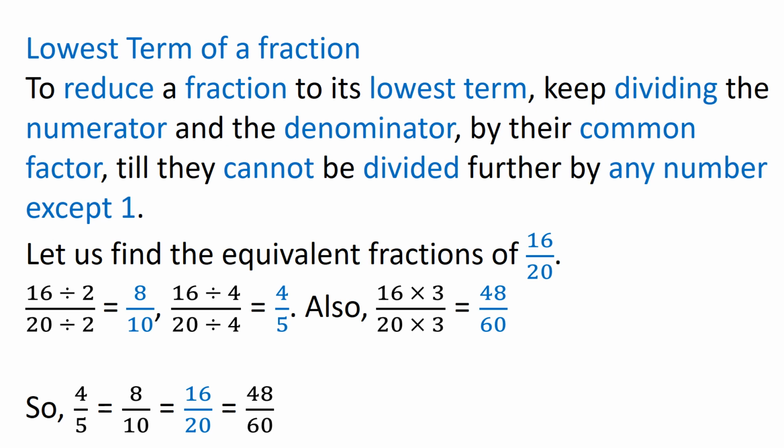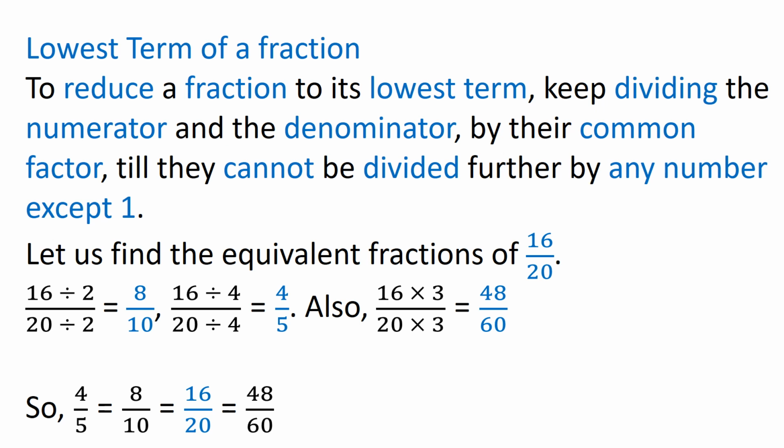As you already know, we can get the equivalent fraction by multiplying both the numerator and the denominator with the same number. Here, the numerator and the denominator are multiplied with 3. We get 48 upon 60. So we can say the equivalent fractions of 16 upon 20 are 4 upon 5, 8 upon 10 and 48 upon 60.